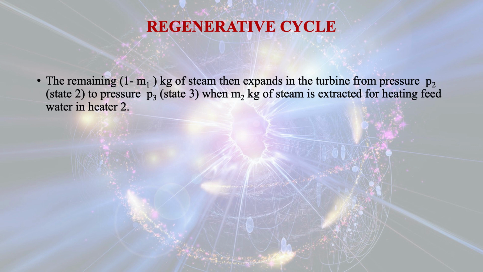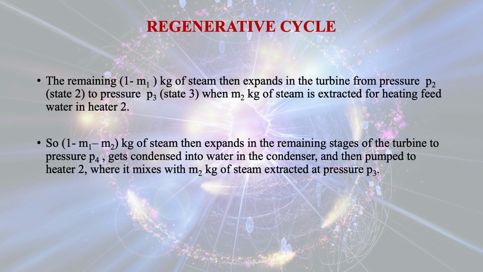When M2 kg of steam is extracted for heating feed water in heater 2, 1 minus M1 minus M2 kg of steam then expands in the remaining stages of the turbine to pressure P4, gets condensed into water in the condenser, and is then pumped to heater 2, where it mixes with M2 kg of steam extracted at pressure P3.